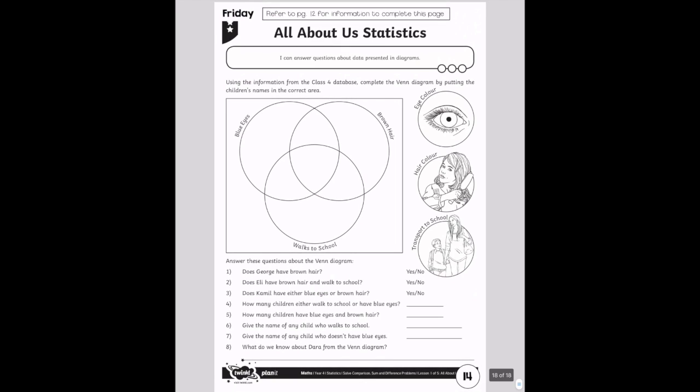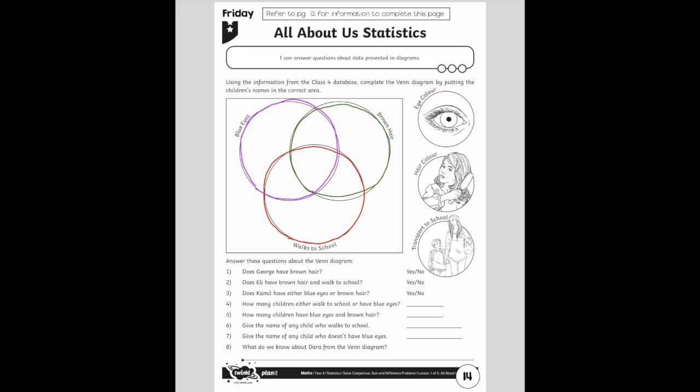On this next page, this is the 3-ring Venn diagram that we were talking about. We've just added one more subject. Okay, so we've got the ring for blue eyes. We've got the ring for brown hair. And we've got the ring for walks to school.